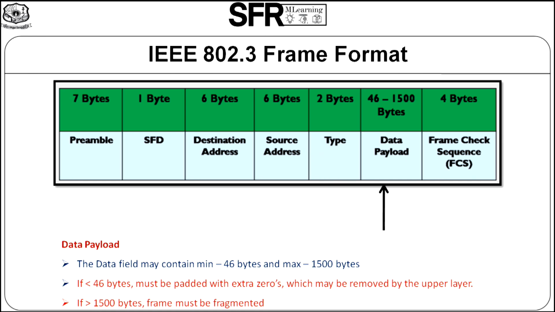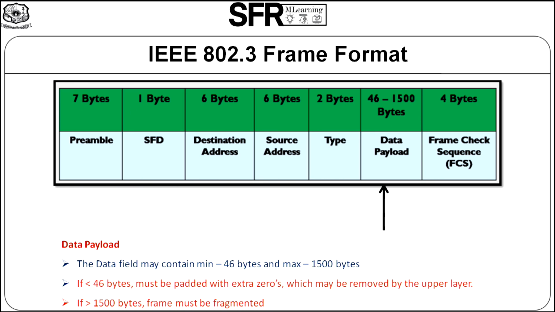And then we all know that this is the field for data, and the minimum data field is 46 bytes, that is, subtracting the 18 header bytes from the 64, we get 46 bytes, and the maximum value is 1500 bytes. For example, if my data is less than 46 bytes, I will pad my data with extra zeros.